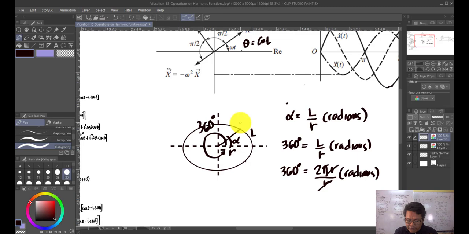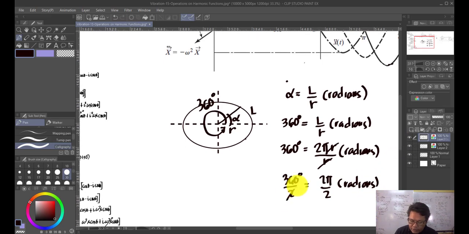And if I divide 360 degrees by 2, and 2 pi by 2, in terms of radian, this one becomes 180 degrees and this one becomes pi.